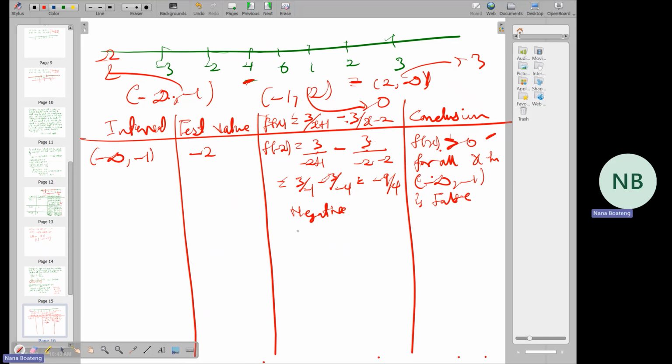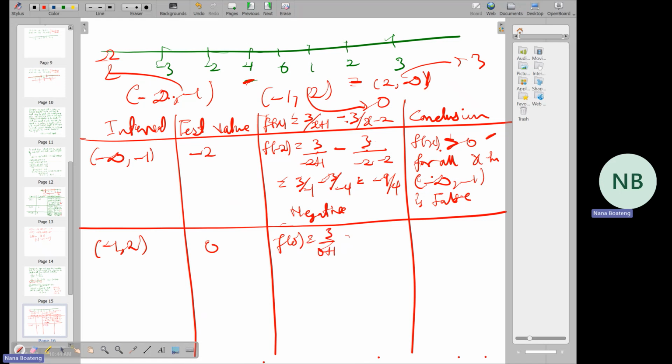This is false because f of x is actually less than 0. And so let's look at the interval -1 to 2. Let's pick 0. So f of 0 is equal to 3 divided by 0 plus 1 minus 3 divided by 0 minus 2.